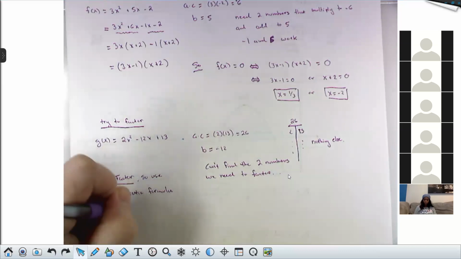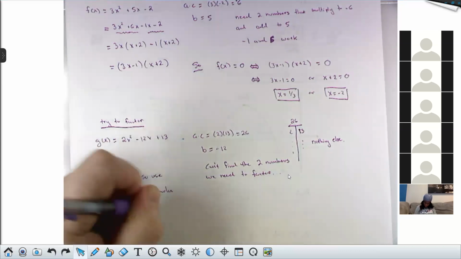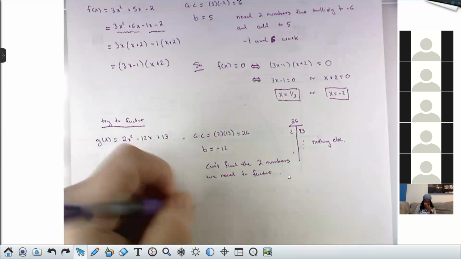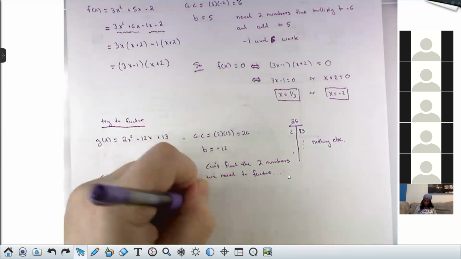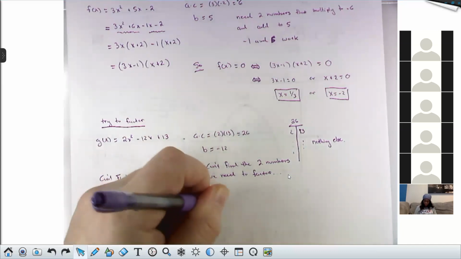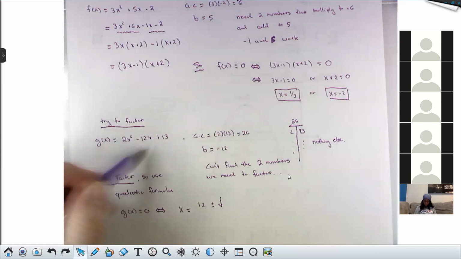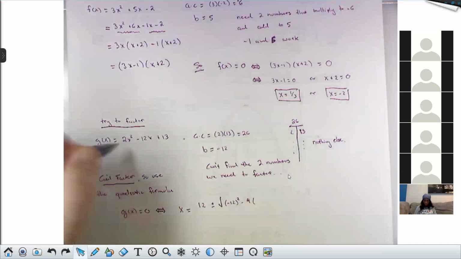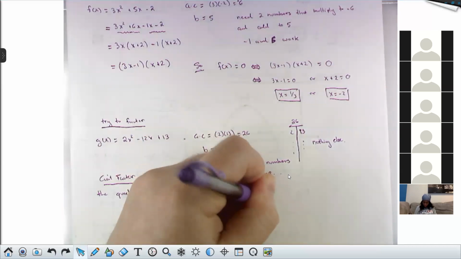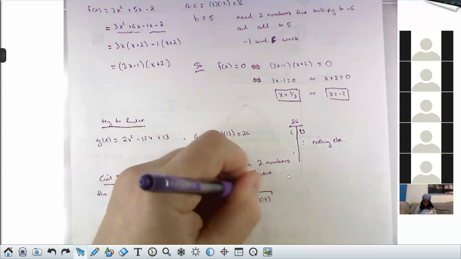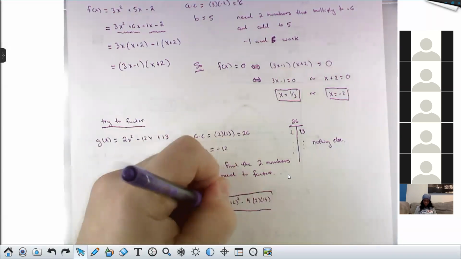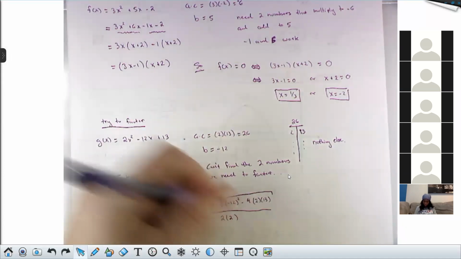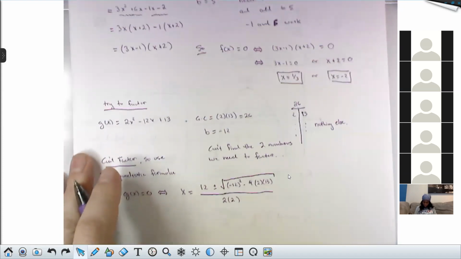So here, g of x will be equal to 0 if and only if, ready, x equals -b, so that's -12, it's +12, plus or minus the square root of b squared minus 4ac, all over 2a. So there's your quadratic formula.